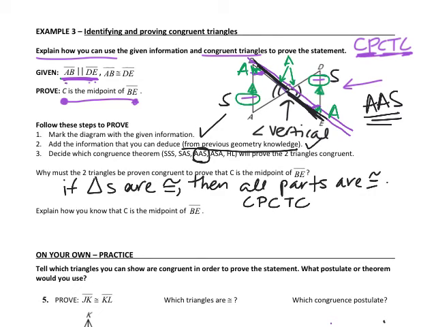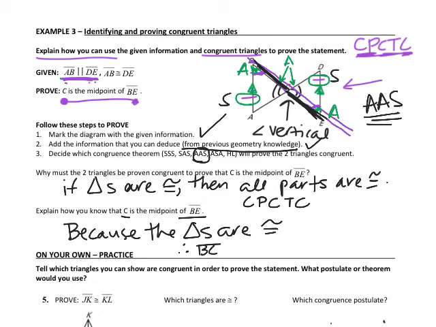And we'll practice that in class a little bit as well. So explain how you know that C is the midpoint of BE: because the triangles are congruent, and therefore BC is congruent to CE, because those were the corresponding sides of each triangle.